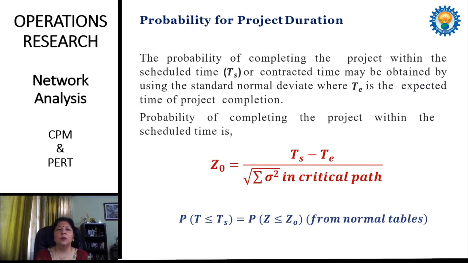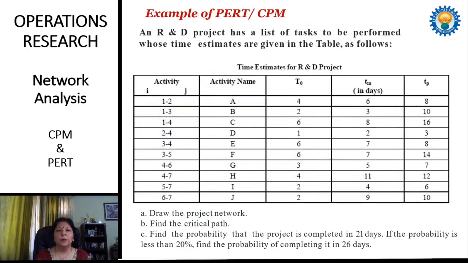For this, we use the Z variable, calculated using the formula Z equals (Ts minus Te) over the square root of summation sigma square, the total variance for the project length. Here Ts is the scheduled time, Te is the expected time, and summation sigma square is the total variance of the project length. After this, we find the probability for T less than or equal to Ts by using the normal table.